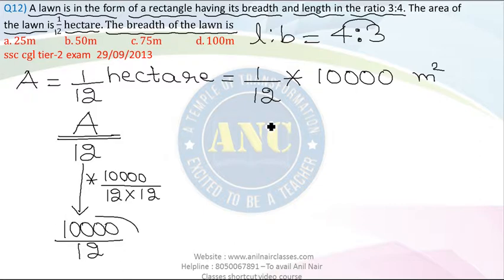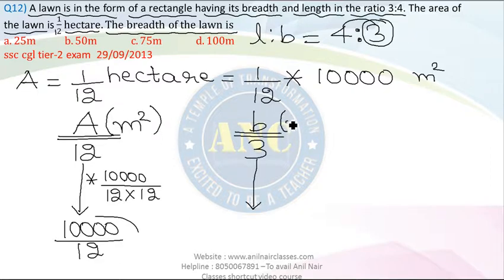I hope I am making sense. What is the question? Find the breadth of the lawn. According to the ratio, breadth is 3. According to the question, they are asking you how much. First of all, area is in meter square right now. Breadth is in meter.